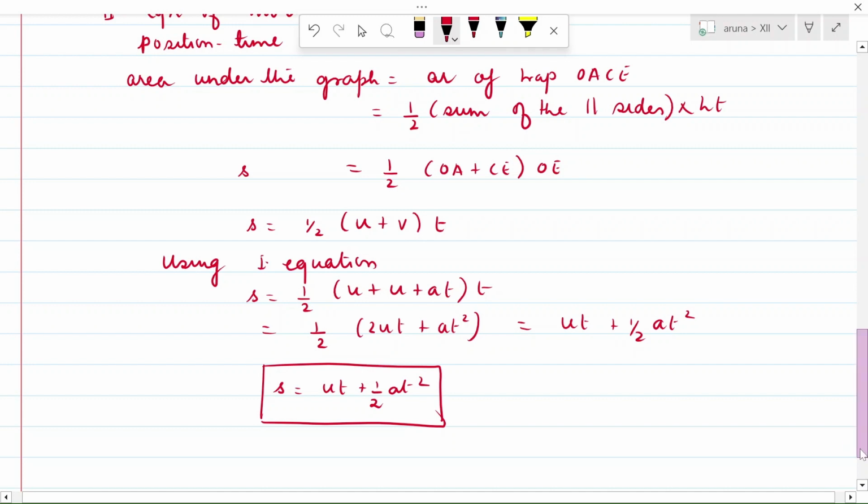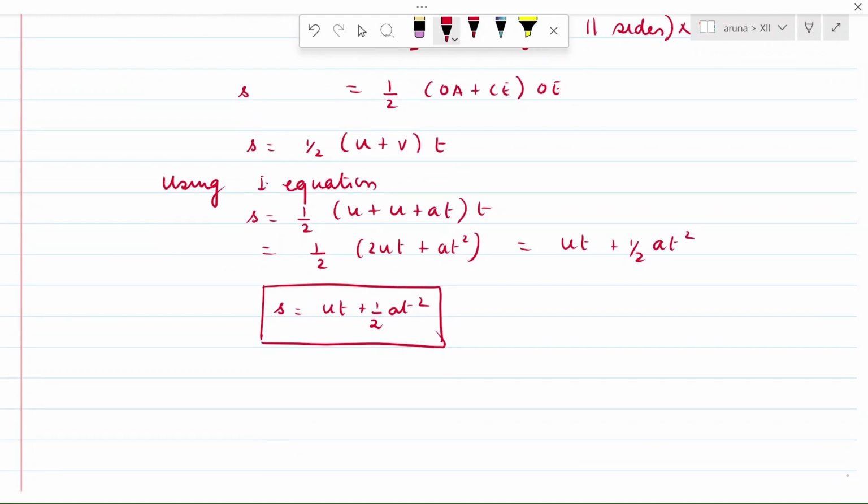Now, deriving the third equation is almost the same as the second, but you have to replace t, not v. So, you'll get the third equation of motion.